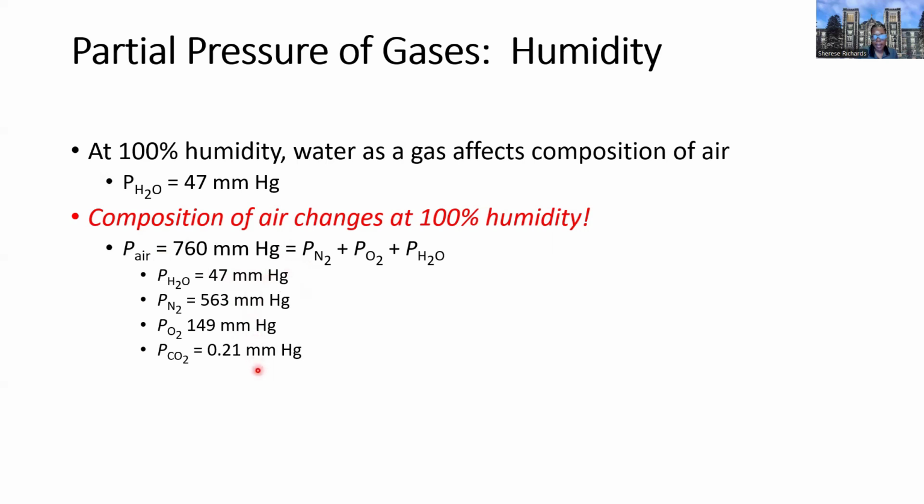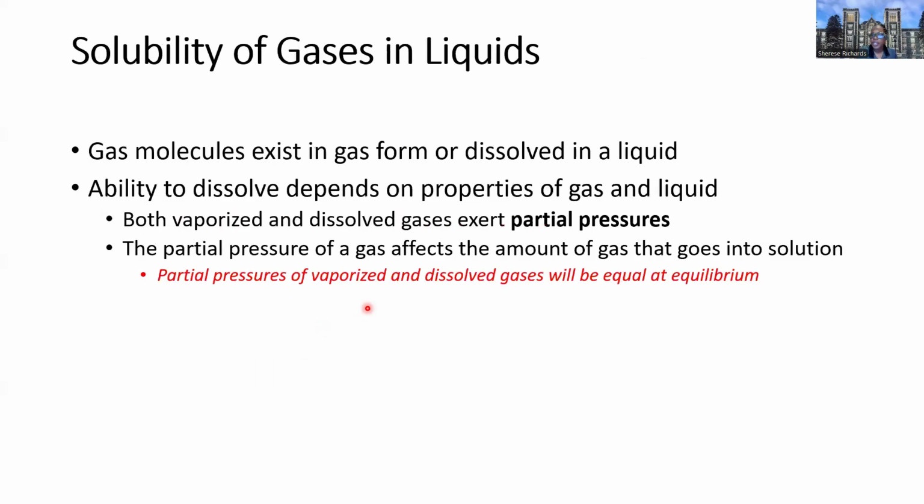Now, adding these up, that actually gives us 759, which is very close. And then the rest of that is owed to the remaining partial pressures of things like helium, argon, and the other trace gases that are found within air as well. So 759 being the majority of that air and then a very small amount to the other trace gases.